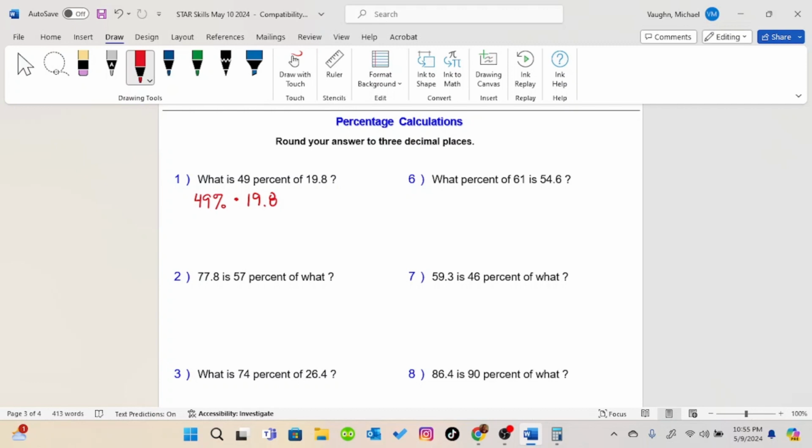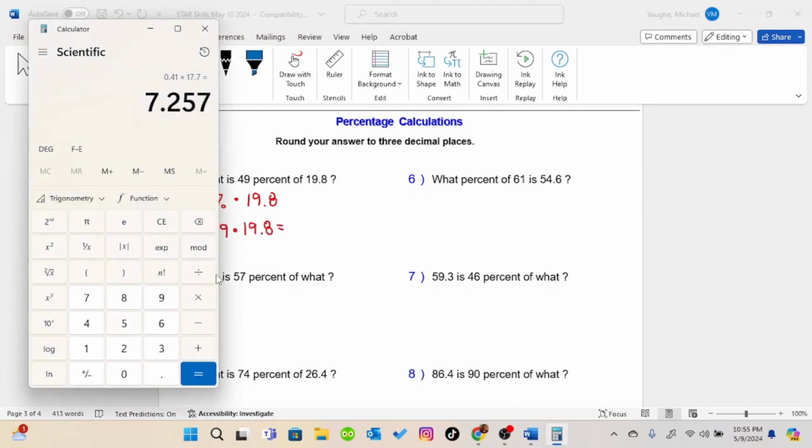To put that as a decimal, we move the decimal 2 spots to the left, and this becomes 0.49 times 19.8. And that equals 9.702.